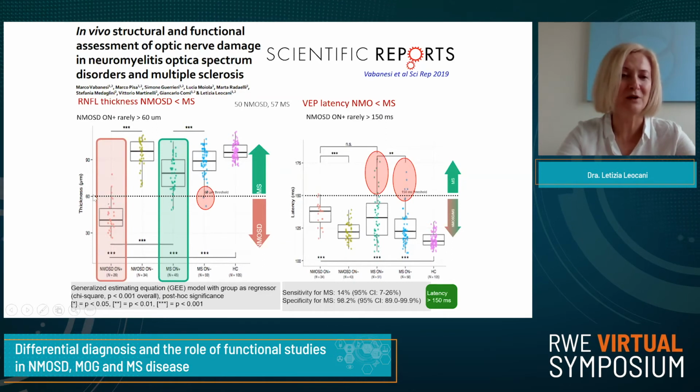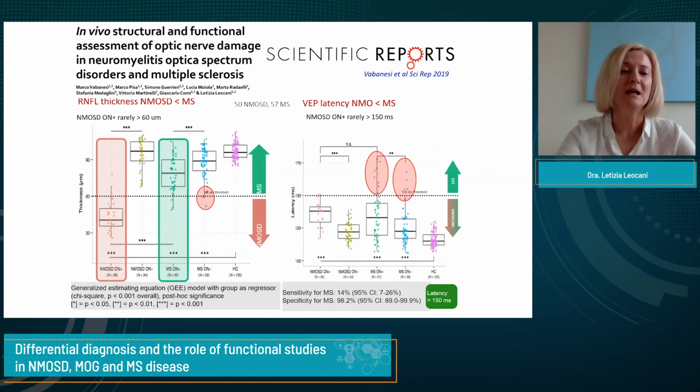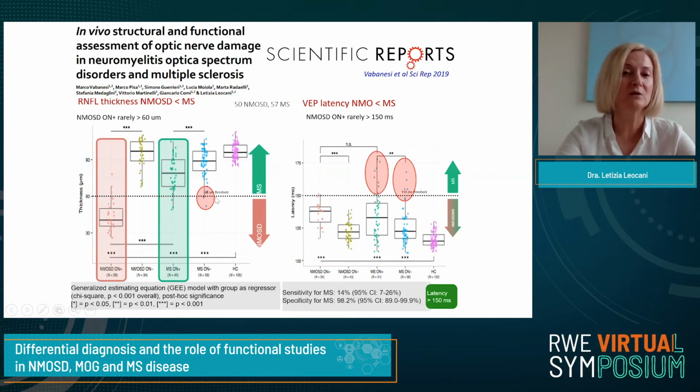We have a cutoff here of 60 micrometers that is almost never reached by people with MS who had an optic neuritis. But there could be some involvement in people with MS and without optic neuritis compared with healthy controls.